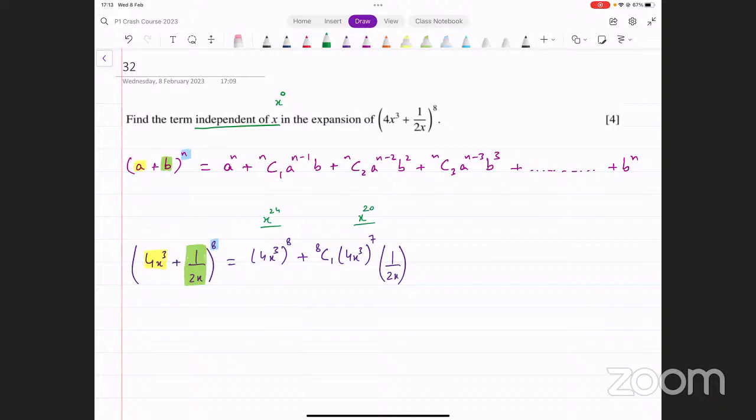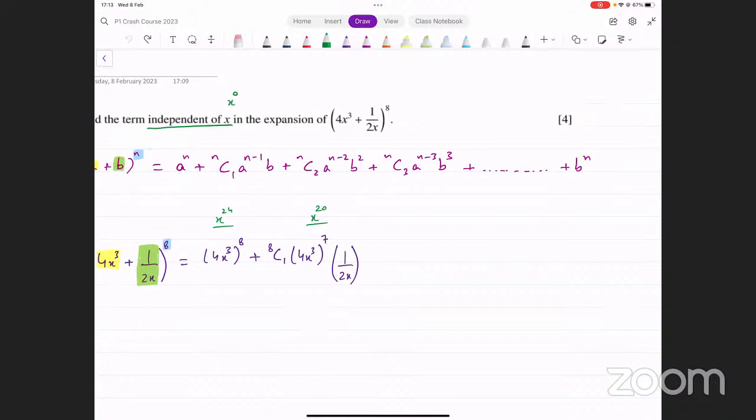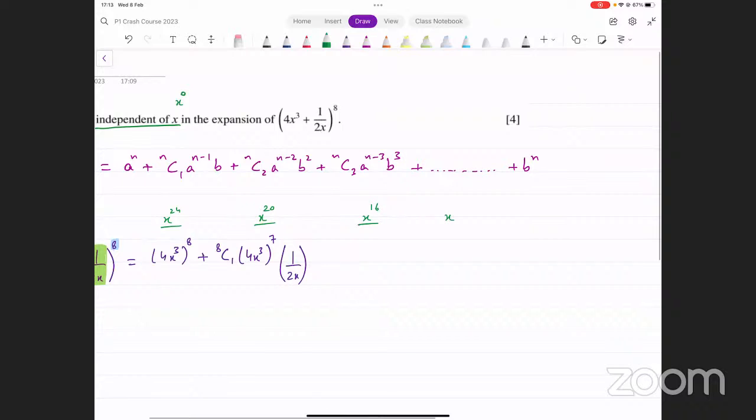And just by looking at these two terms, you can figure out what the pattern is going to be. The first term is 24. The next is 20. The difference of powers remains constant. So the next term after this has to be x power 16. And then the next one has to be x power 12. And so on.